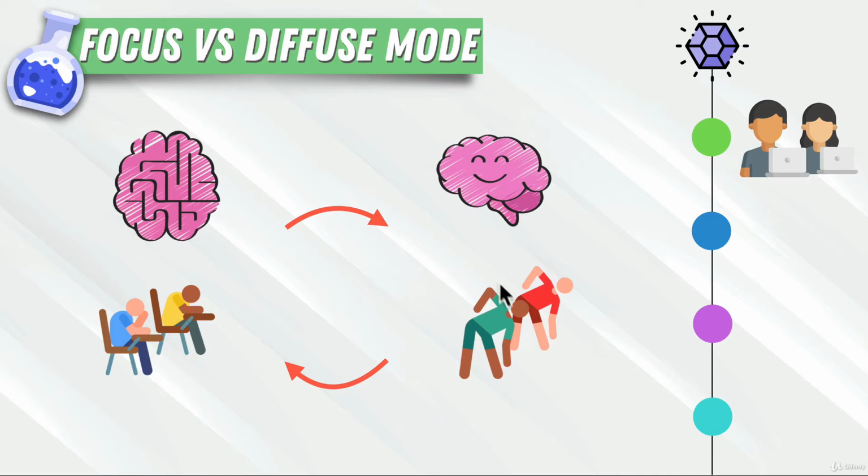And this jump of going back and forth is what actually creates efficient learning. The idea is to spend dedicated time in focus mode, and then after a bit of time, when you're getting a little tired, you go into diffuse mode. You go for a walk, you let your mind wander, you just go out in nature.